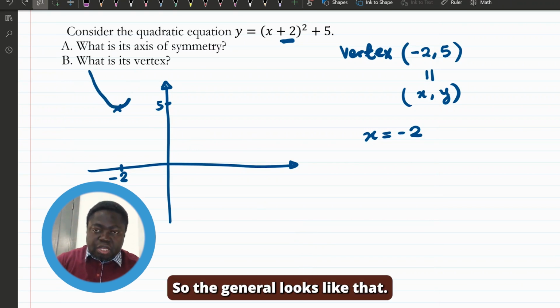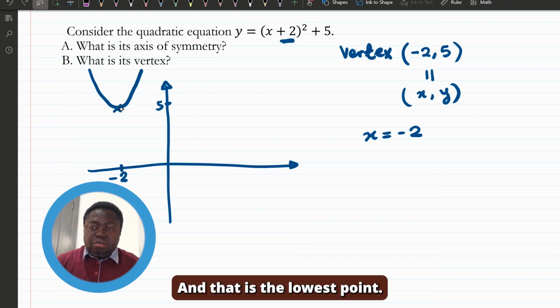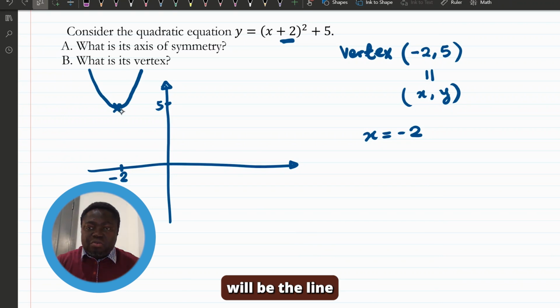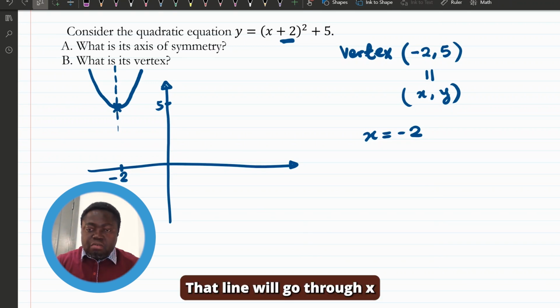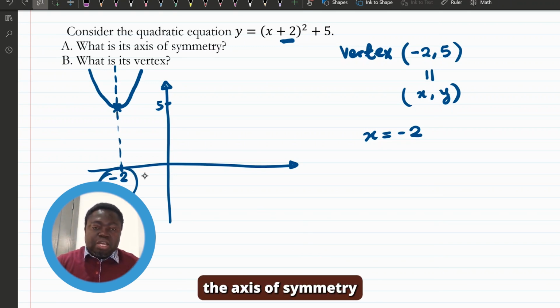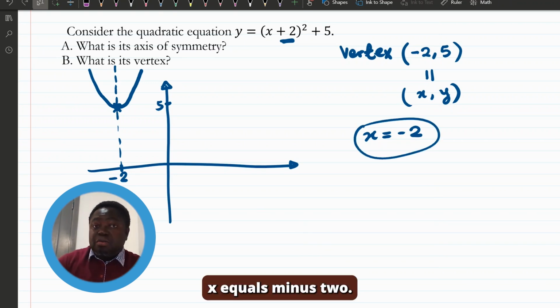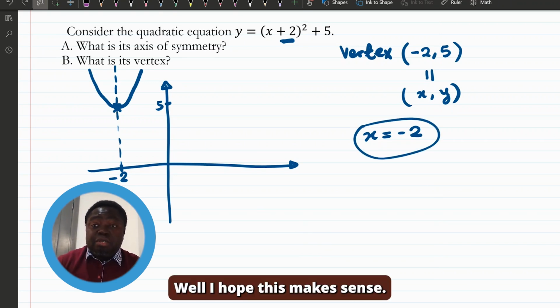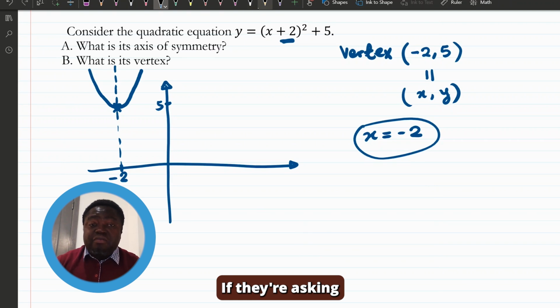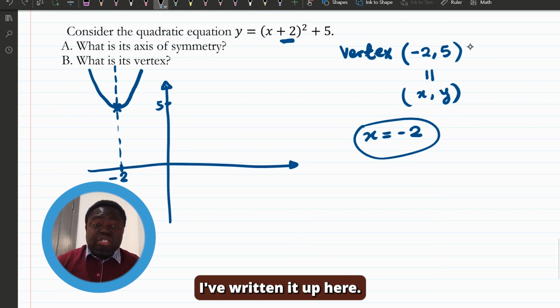So it generally looks like that. And that is the lowest point. So your axis of symmetry will be the line that cuts this graph into 2 equal parts. That line will go through x equals -2. That's why we are calling the axis of symmetry x equals -2. Well, I hope this makes sense. If they're asking for the vertex, I've already written it up here, so that's easily seen.